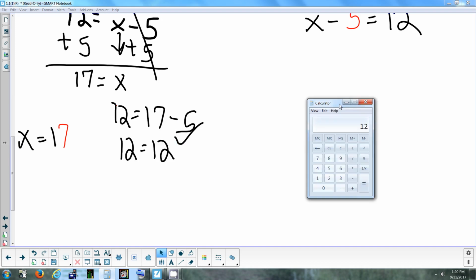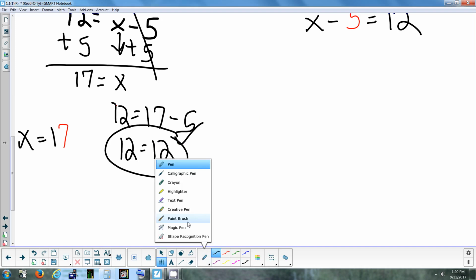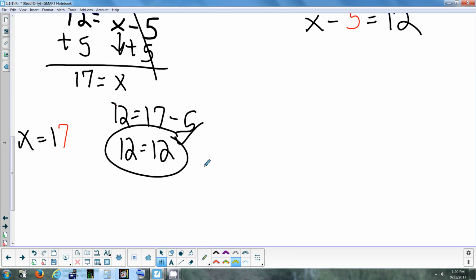Connor's good. All right, 17 minus 5 is 12, so it checks out. And remember, guys, like I said, we're not going to have to check every single one. Like these ones that are basic, like you're like, of course, 12 equals 12. It makes sense. But the more advanced ones, the more stuff we get into, we might make you check.